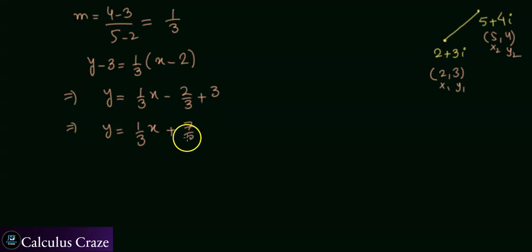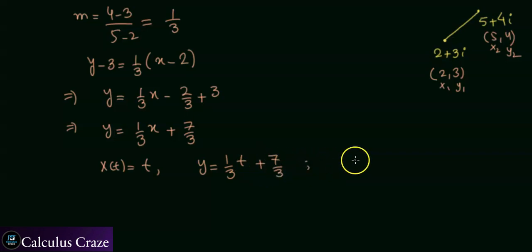So now I can set x of t to be t, and in this way y will be equal to 1 over 3 times t plus 7 over 3. Don't forget that t is running between the values of x, which are 2 and 5, so it's running from 2 to 5.